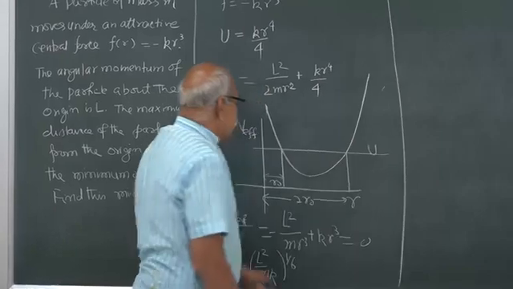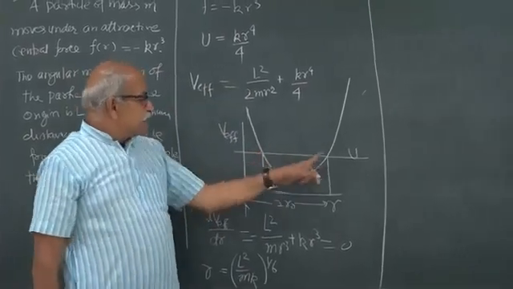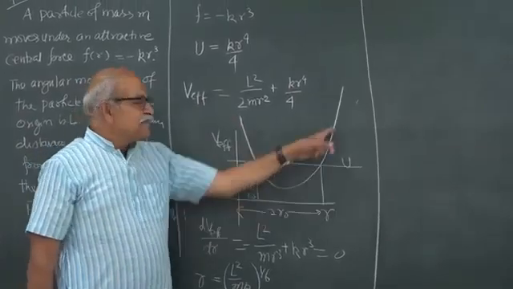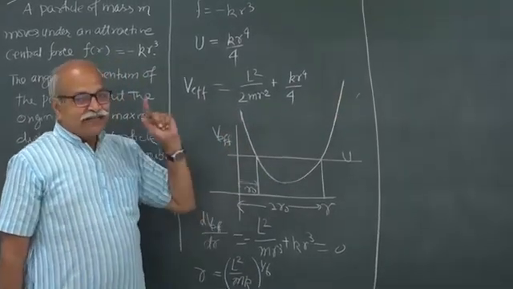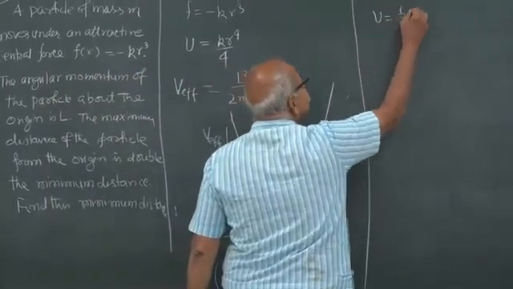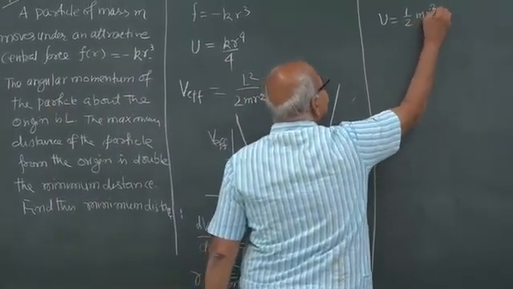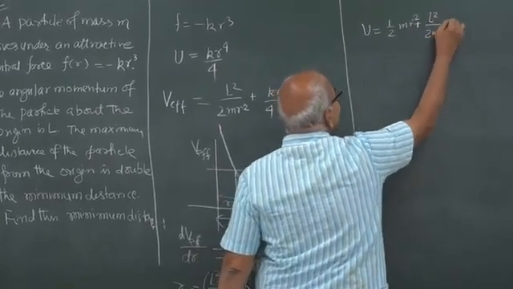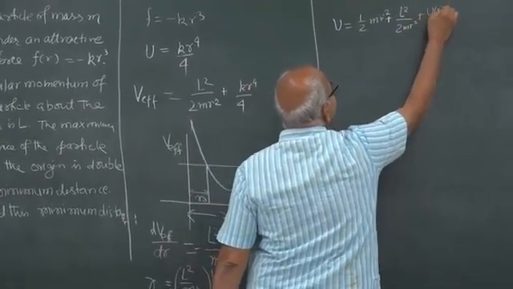At this point, and at this point, the total energy is the same as the effective potential energy. That is why half m r dot square is 0. Total energy is half m r dot square plus L square by 2 m r square plus u of r, the potential energy.